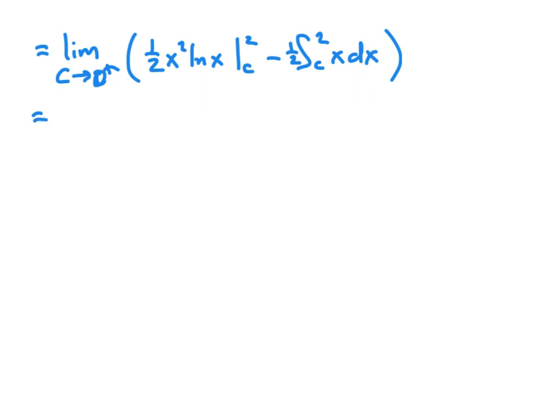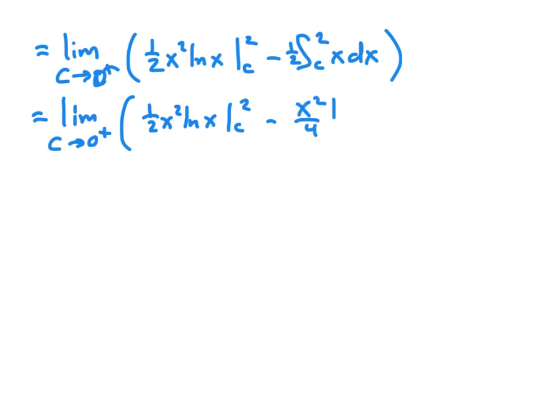So to continue on with this calculation, we're going to have the limit as c goes to 0 from the right of 1/2 x squared natural log x evaluated from c to 2 minus 1/2 times an antiderivative of x, which is x squared over 2, so that will give us an x squared over 4 evaluated from c to 2.